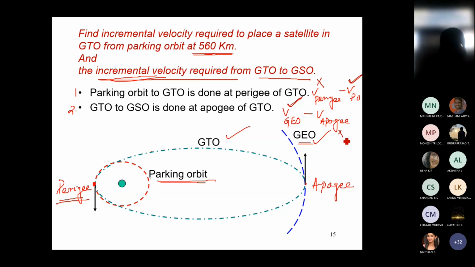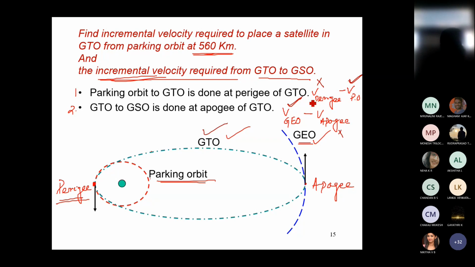They are elliptical orbits. So when we calculate the velocity at perigee and the velocity at apogee, you can observe that even though both perigee and apogee points are located on the GTO orbit, both points have different velocities.